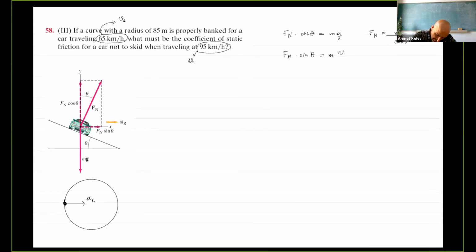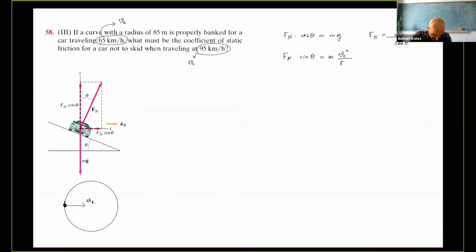This one is v1 squared over r. Okay. So like we said, if you drive with v1, you don't need any friction. So we are not taking friction into account for this part. Hopefully that's clear.